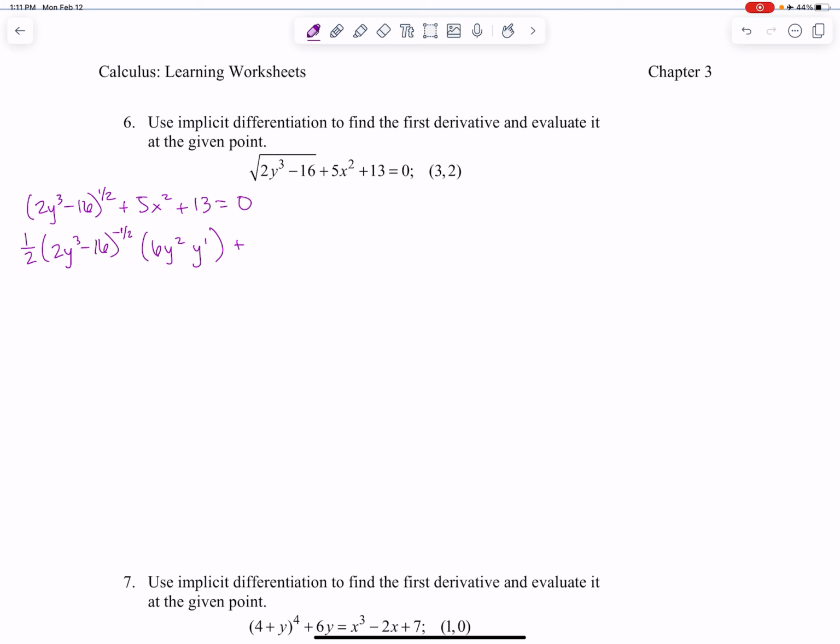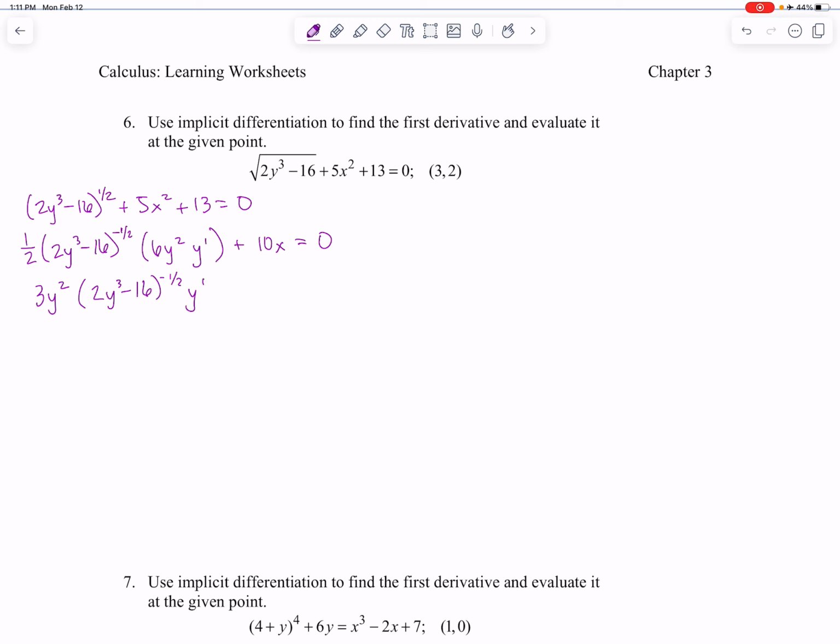Derivative of 5x squared, 10x, derivative of 13 is 0, derivative of 0 is 0. If we multiplied these, we would get 3y squared times 2y cubed minus 16 to the negative 1/2 y prime.